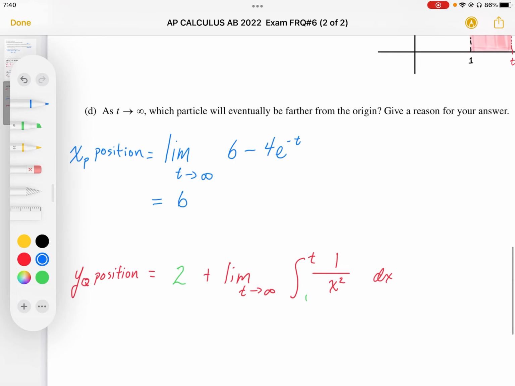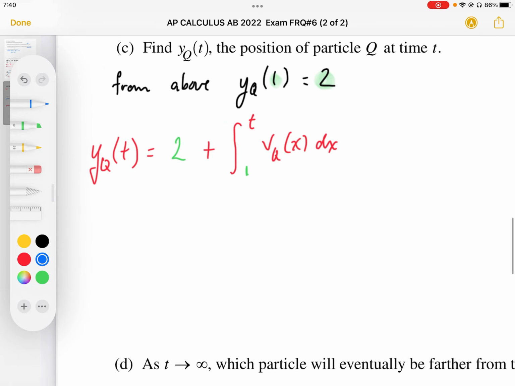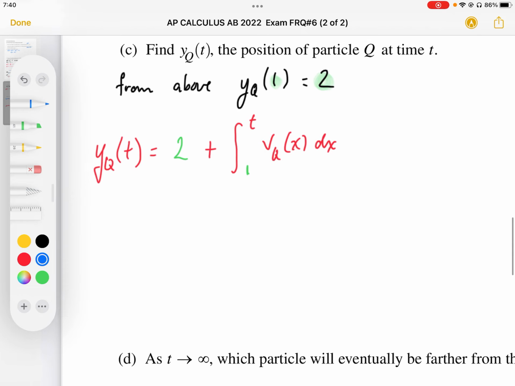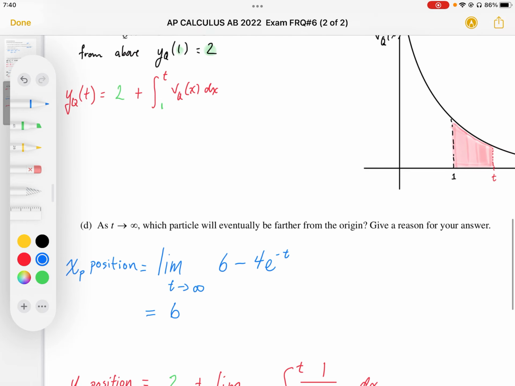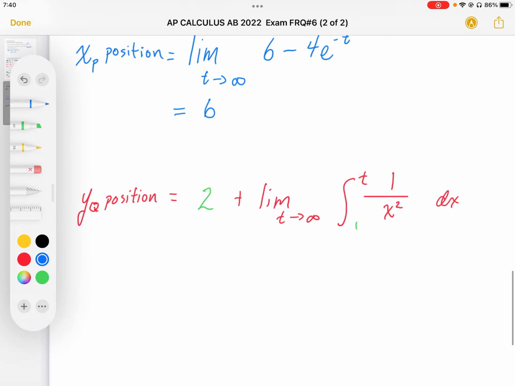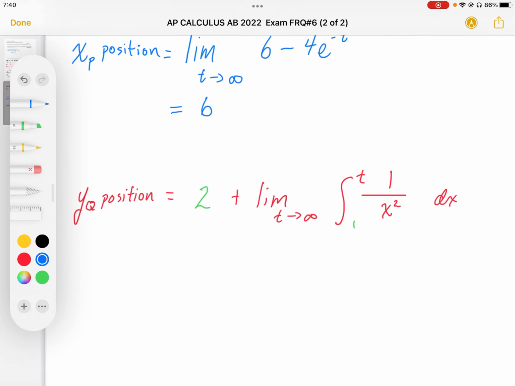For the vertical position or y position, we're going to take that function that we calculated up here. This is going to give us the position of y, and we're just going to let t go to infinity. To do that, we really should have a limit. For the area part, as we calculate the area underneath that velocity curve, we're just going to use a limit because t is going to go to infinity. So when we evaluate this limit, this works out to be 2 plus, we're going to anti-differentiate the 1 over x function, so we get negative 1 over x.